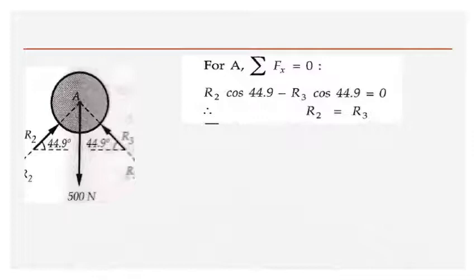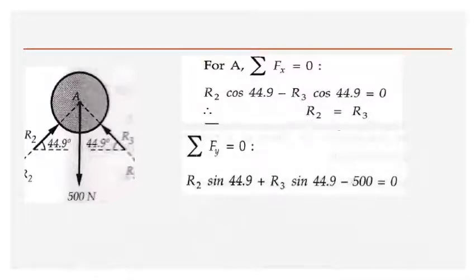If we apply the condition sigma Fx equal to 0: R2 cos 44.9, the positive horizontal component of R2 acts towards the right, minus R3 cos 44.9, the horizontal component of R3 acts towards the left, is equal to 0. Hence R2 is equal to R3, as cos 44.9 gets cancelled out. Next, apply the condition sigma Fy equal to 0.